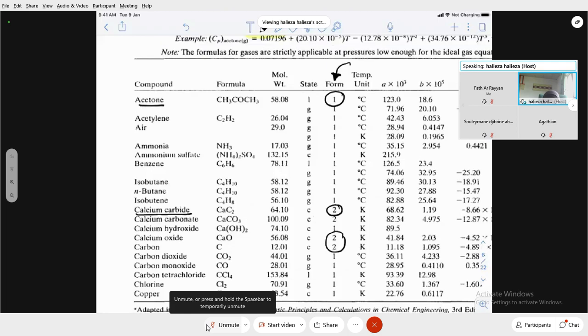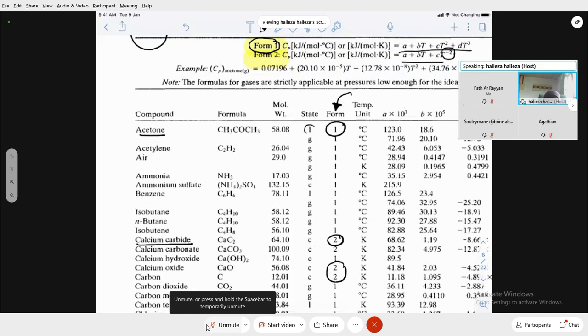Another thing you need to look at is whether it's liquid or gas, because sometimes it can also occur as a solid. C is crystal. Also look at the temperature unit. Is it in Kelvin or degree C?